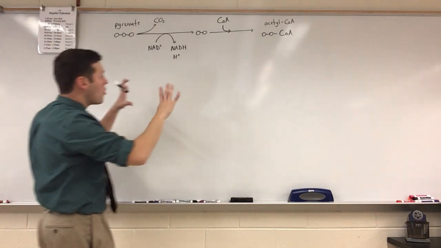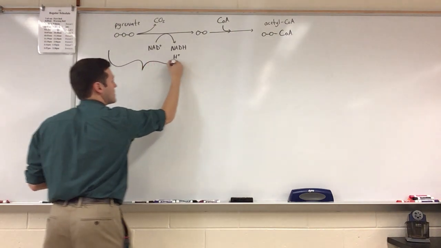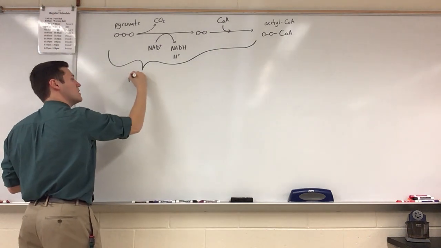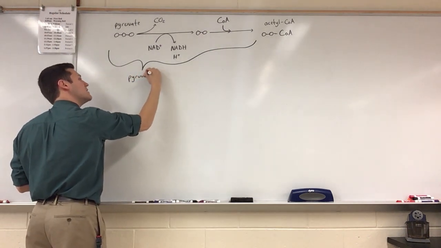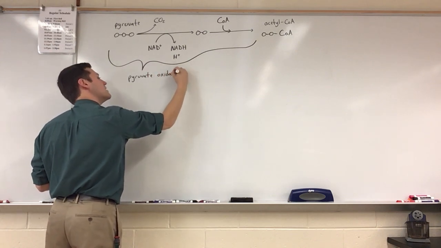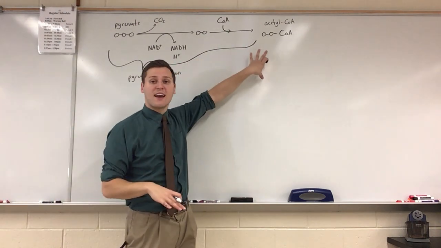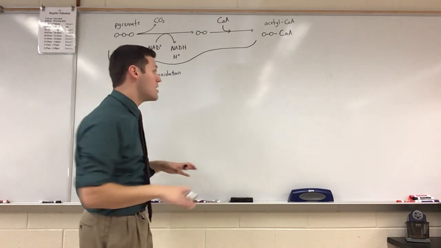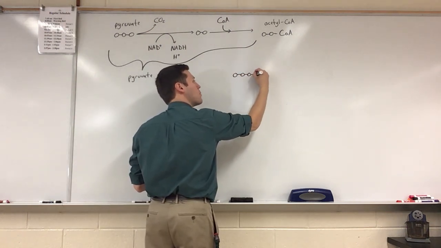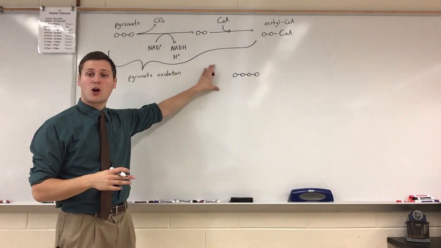Now, we'll consider this whole process pyruvate oxidation. This precedes the Krebs cycle. Now that we have acetyl-CoA, we can enter the Krebs cycle. The Krebs cycle starts off with this 4-carbon molecule, and you don't need to know the name of this 4-carbon molecule.